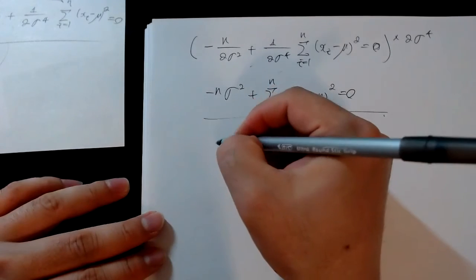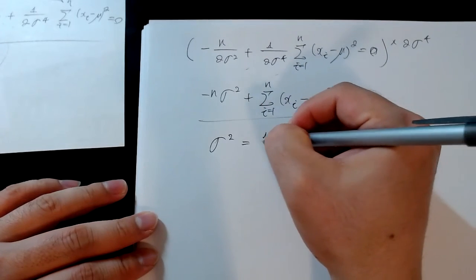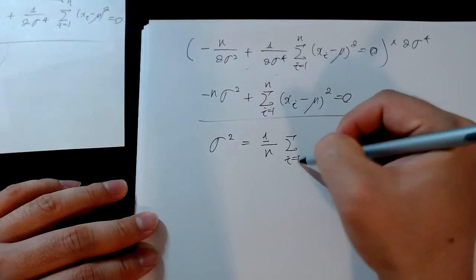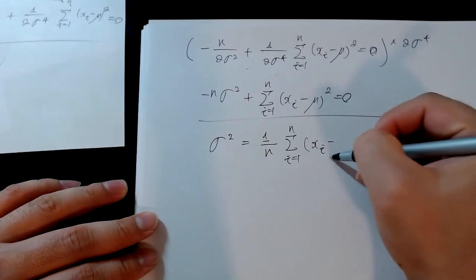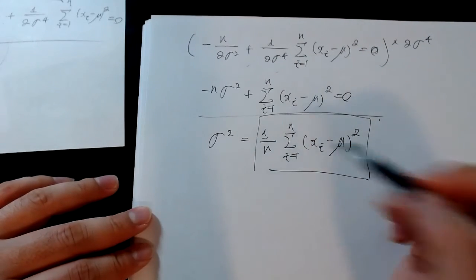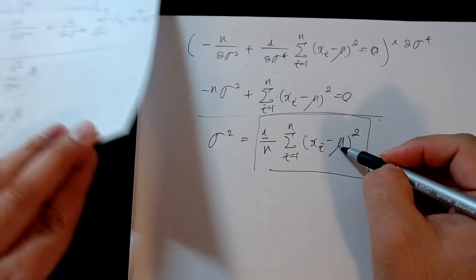So sigma square is equal to 1 over n times the summation i equals 1 to n of (xi minus mu) square. What is mu? We don't know mu, right?